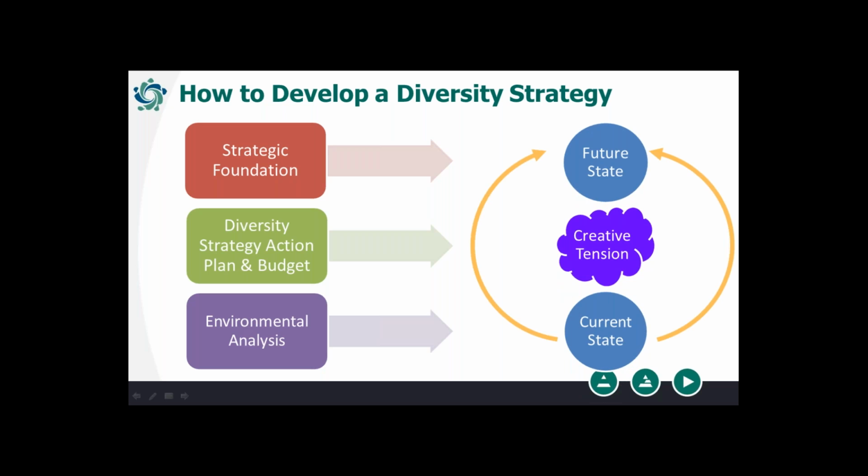When I work with clients, I really work a lot with current state, future state, and then the gap in between. So here's what it looks like in developing a diversity strategy. We always conduct an environmental analysis, and that can include an organizational readiness assessment. We've used various assessments to see where the organization is.